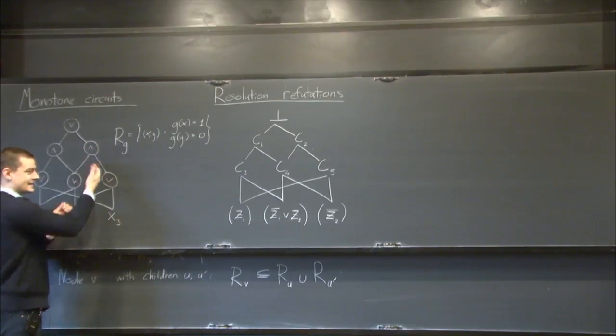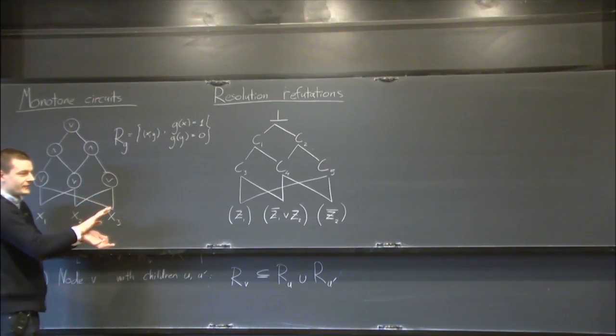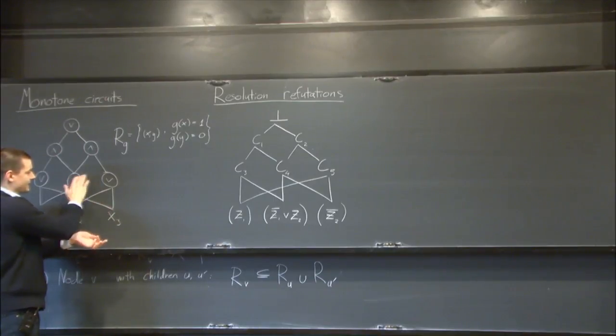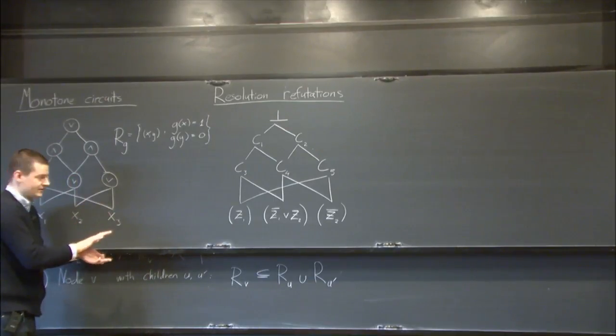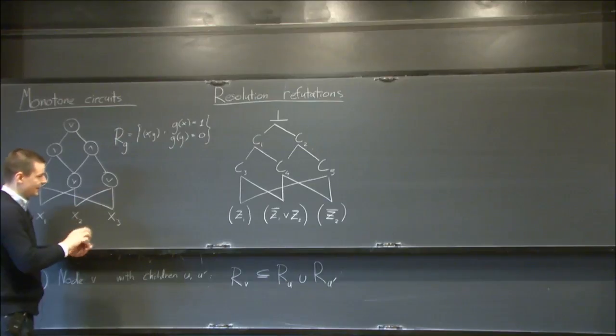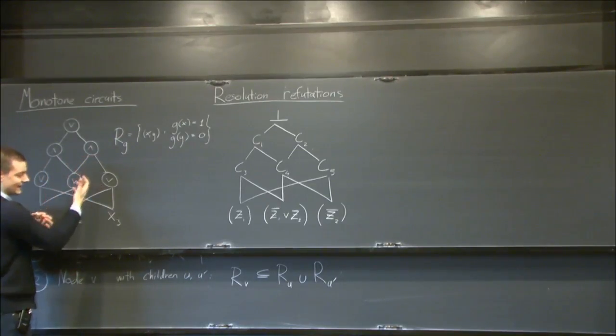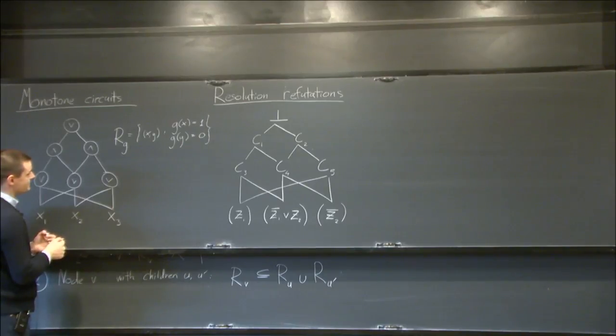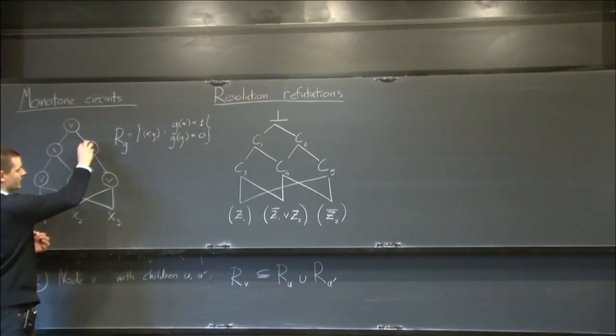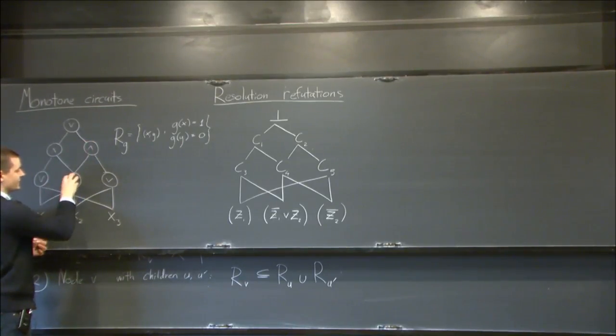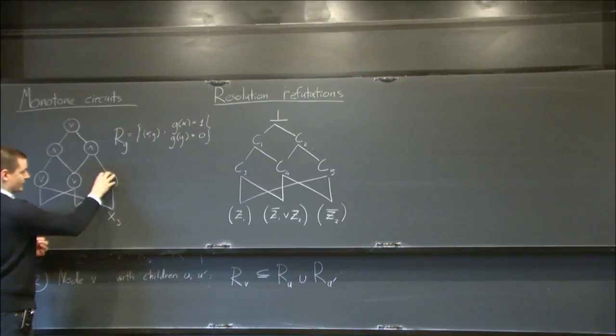How can a gate evaluate to true and false for a pair of inputs if neither of its children do that? It's easy to check that this really happens. So at least for monotone circuits, this property is satisfied. The feasible set here is contained in the union of the feasible rectangles here.